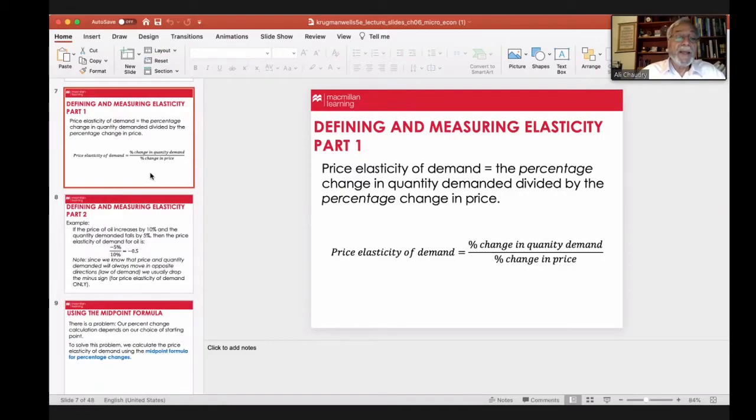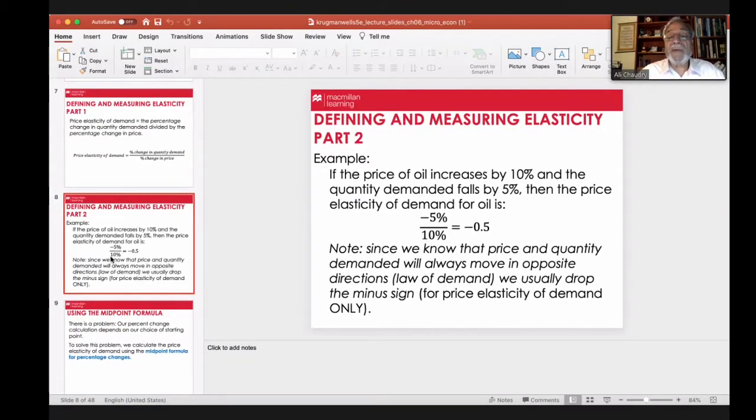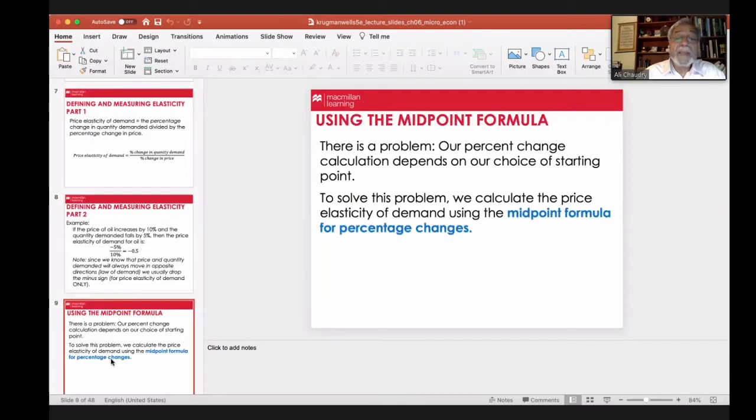Then at the third level, we actually put in numbers. So here is the definition, and you put in the percent change in price and the percent change in quantity, and we get that. Then at the next level, for actual calculation, we recognize that we have to use the midpoint method for making those computations.